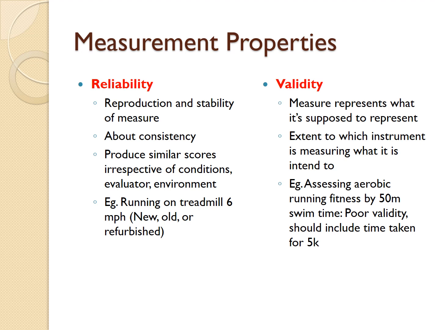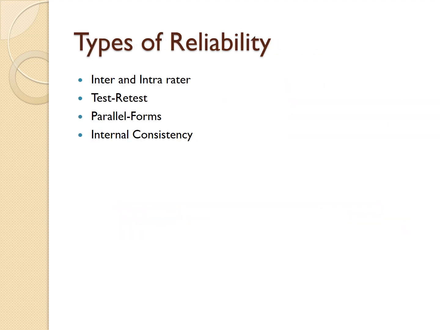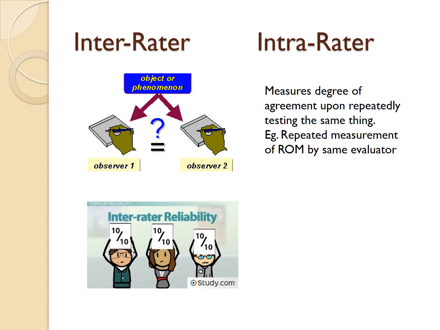Okay. So let's discuss a little more about the types of reliability now. We have five major types: inter-rater, intra-rater, test-retest, parallel forms, and internal consistency. So what is inter-rater reliability?